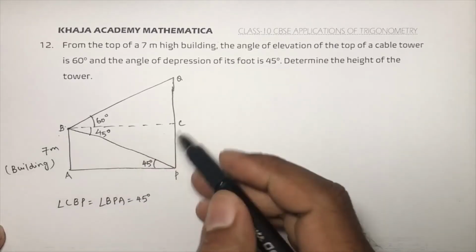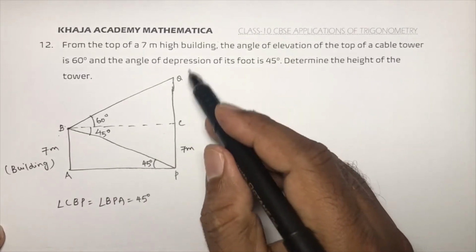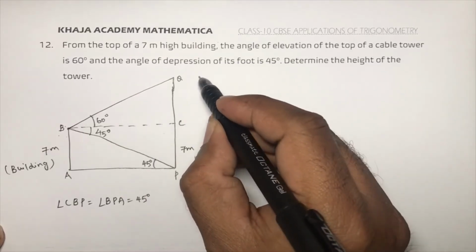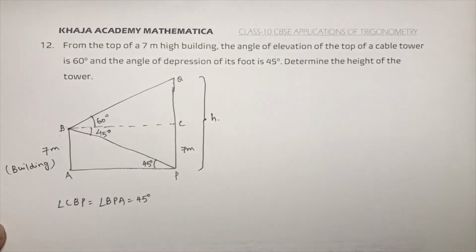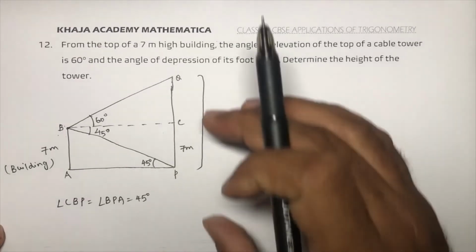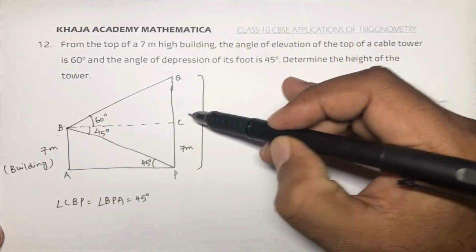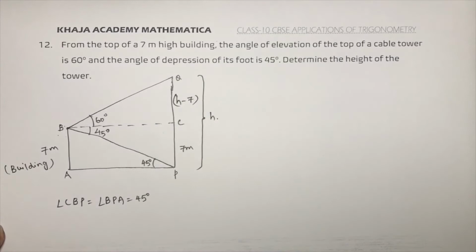Now if AB is 7, PC also will be 7. PQ is a tower. Now we need to find the height of the tower. So PQ I need to find, I'll consider it as H. Now total is H and PC is 7, so QC will be H minus 7. Now I need to find the value of H.